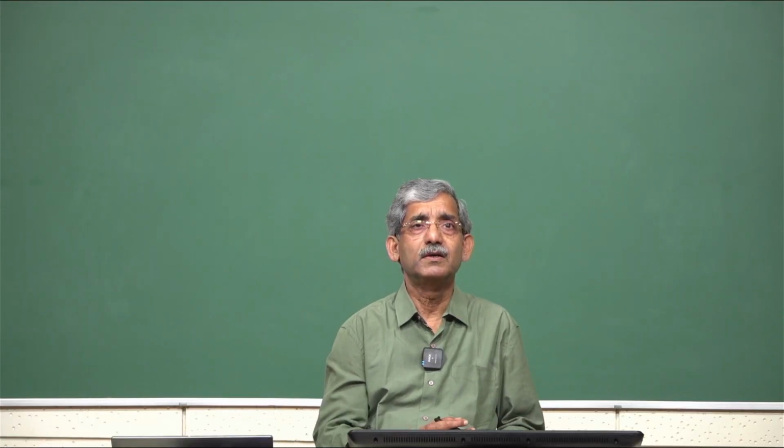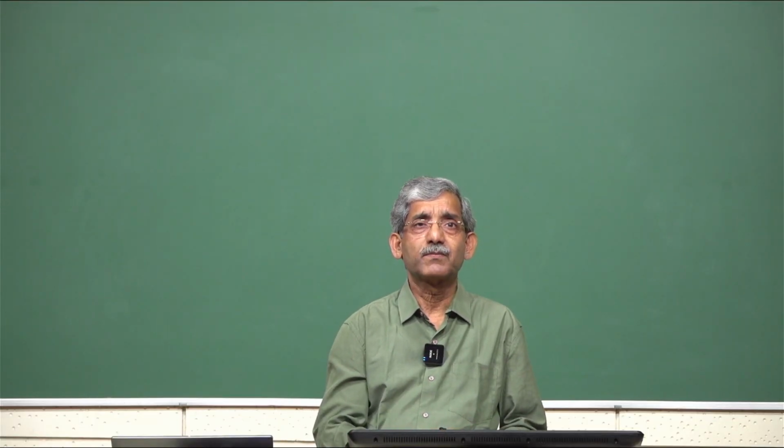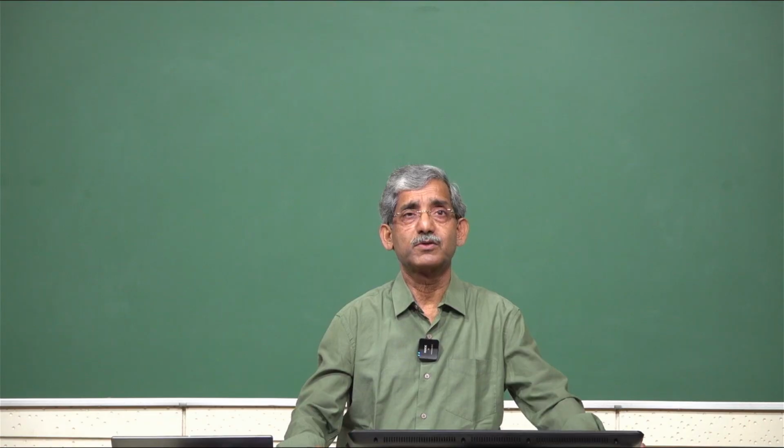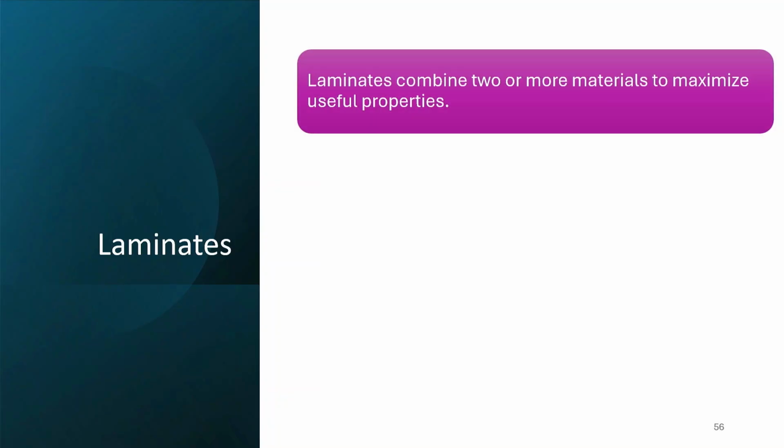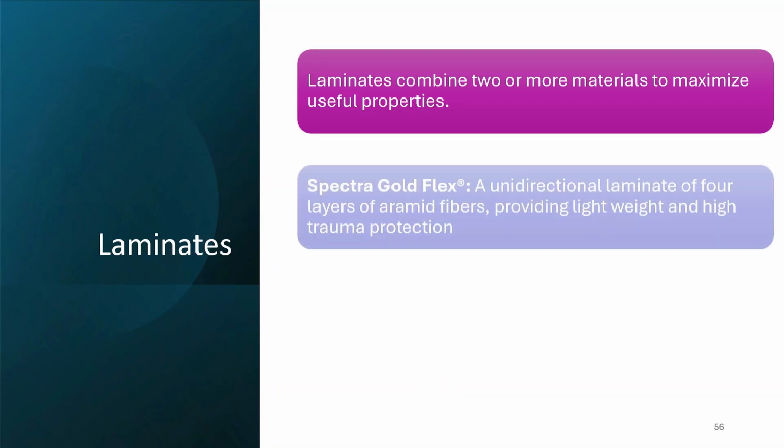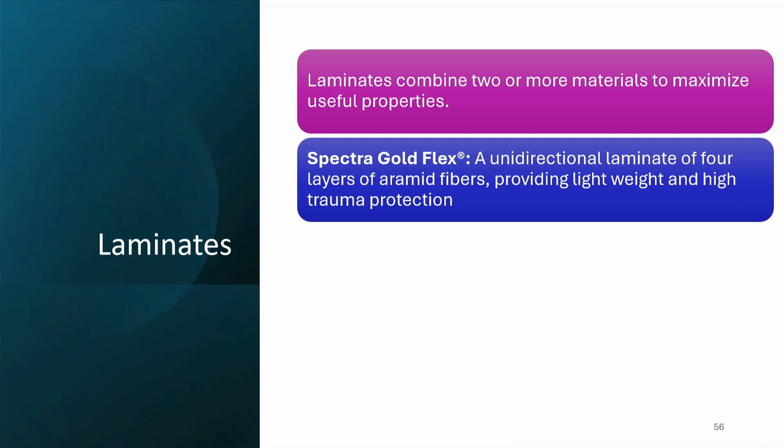Apart from the different types of fabrics, laminates are also used. So, laminated fabrics, combining two or more materials to maximize the useful properties, like Spectra Gold Flex.